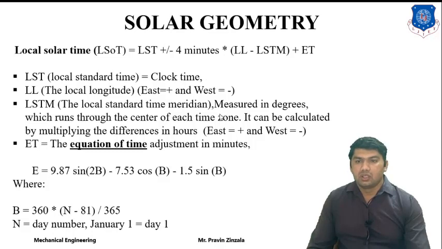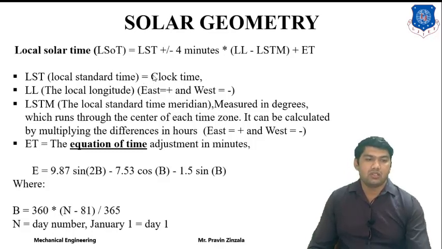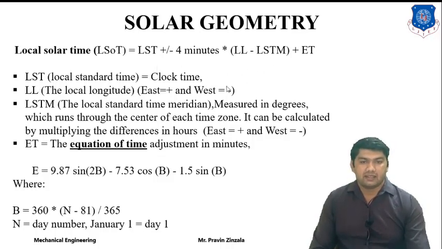The next definition is local solar time. It is also measured as a time, and depends on many factors. Local solar time is equal to local standard time plus or minus 4 into the bracket of LL, the local longitude, where 4 is in minutes. We take east as positive and west as negative.